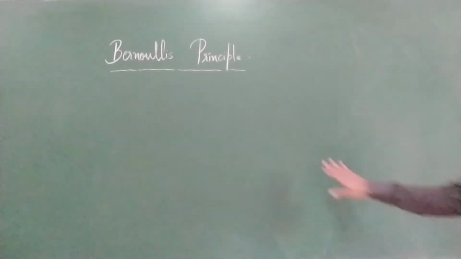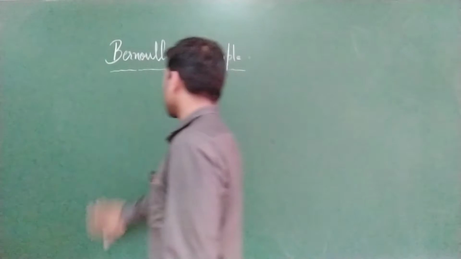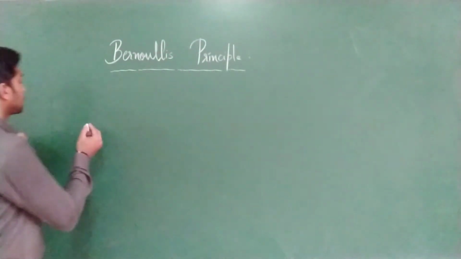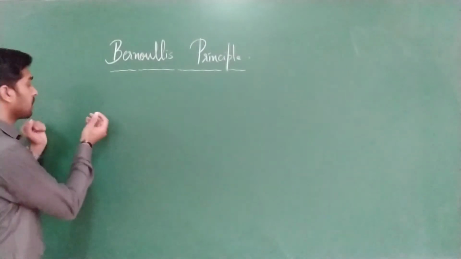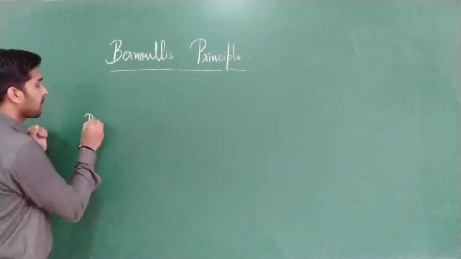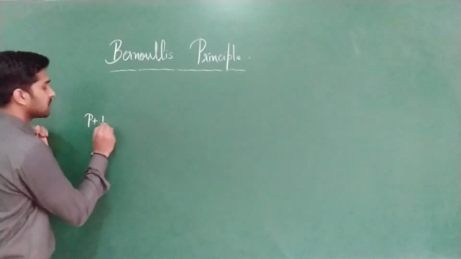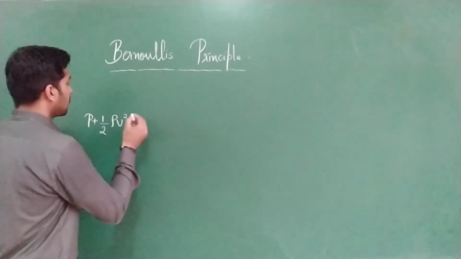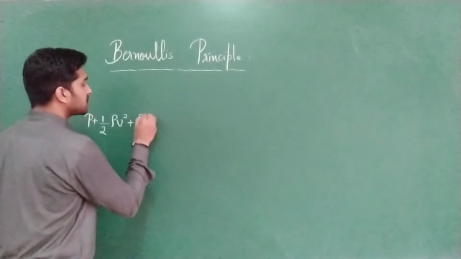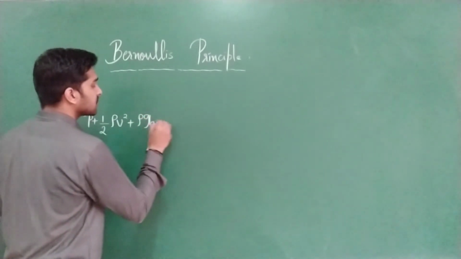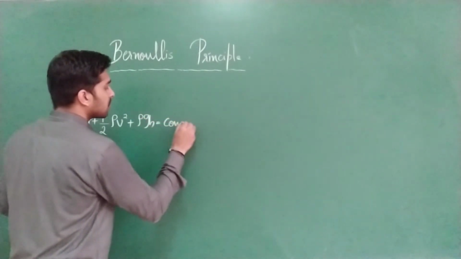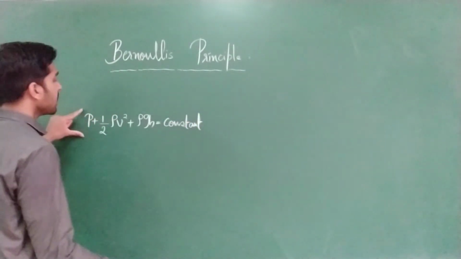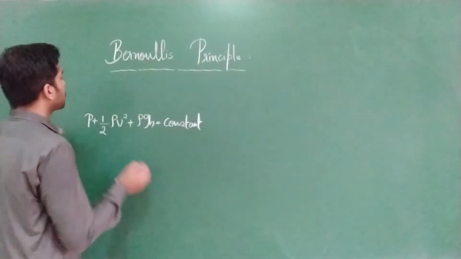Clear? So, we have come across two equations. One is nothing but, as you can see here, P plus half rho V square plus rho GH is equal to what? Constant. And before writing this step, one more step I have written.